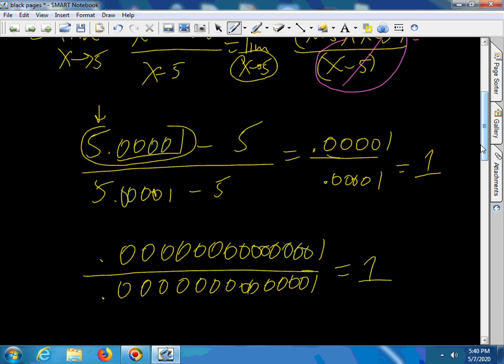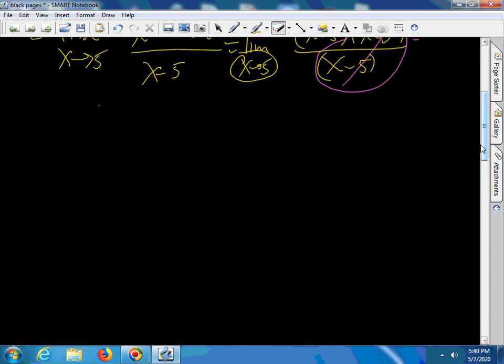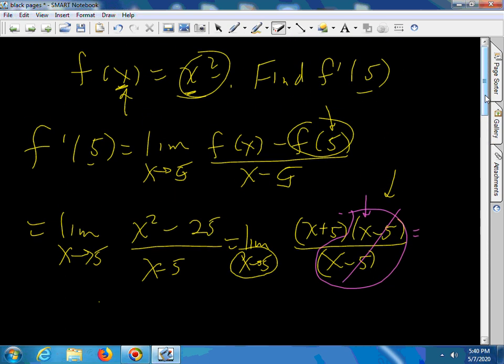Okay, so what happened is what's in purple does cancel out to 1 because x is not 5. So what I get is the limit as x goes to not 0 but 5 of what survived, x plus 5.